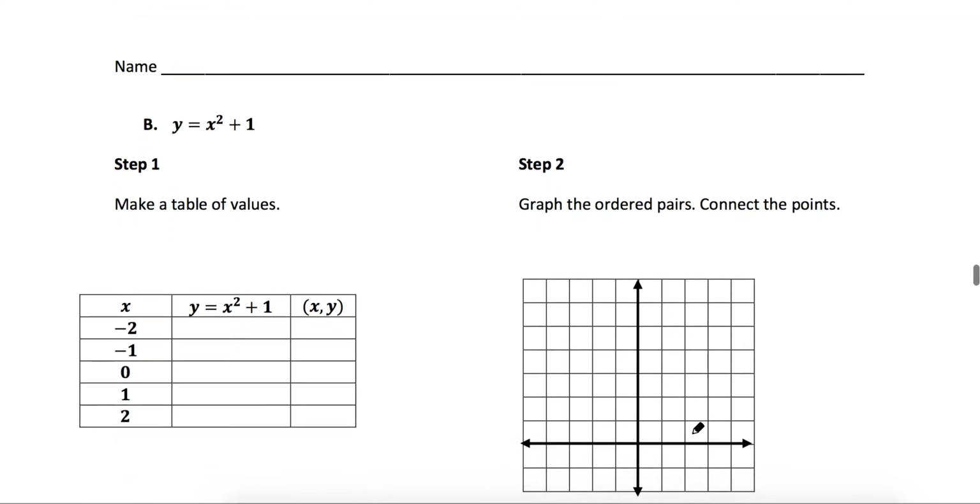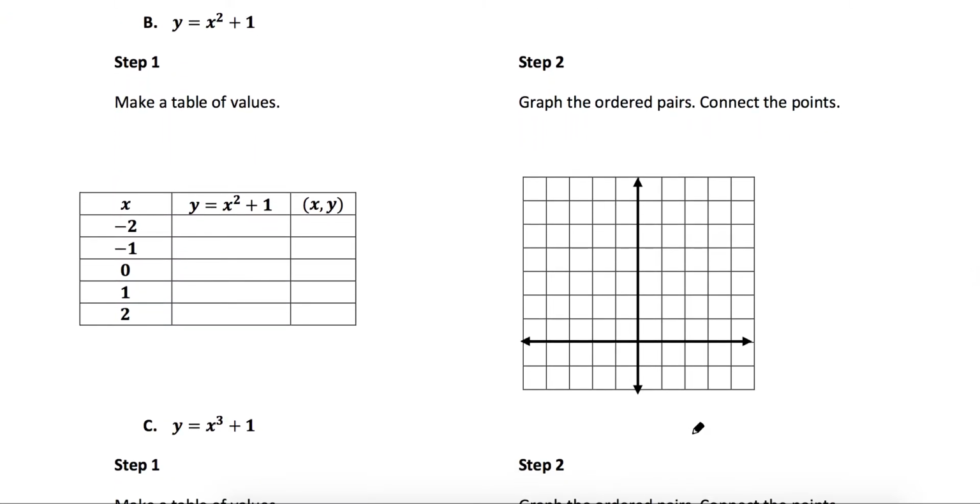Okay, let's do another example. Let's go ahead and graph y equals x squared plus 1. All right, plug in -2, -2 squared is +4 plus 1 is 5. We get 2 if we plug in -1, 1, 2, and 5. You might have noticed a similar pattern to before. So that's -2, 5.